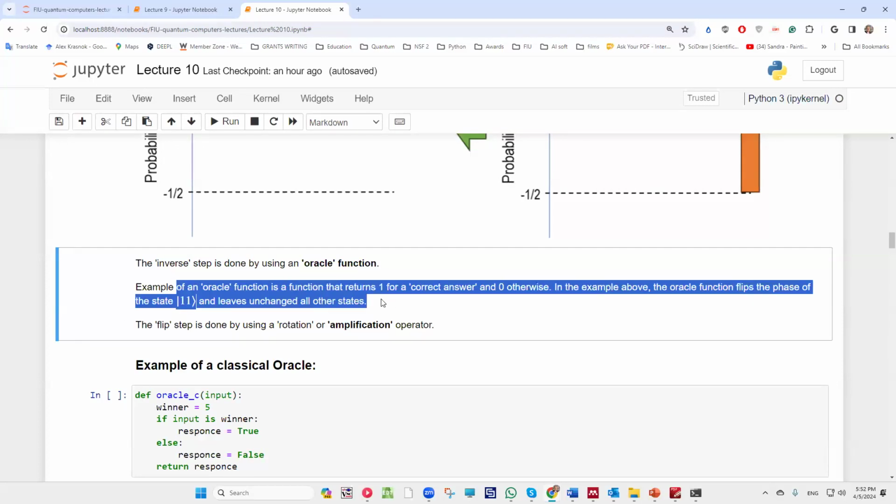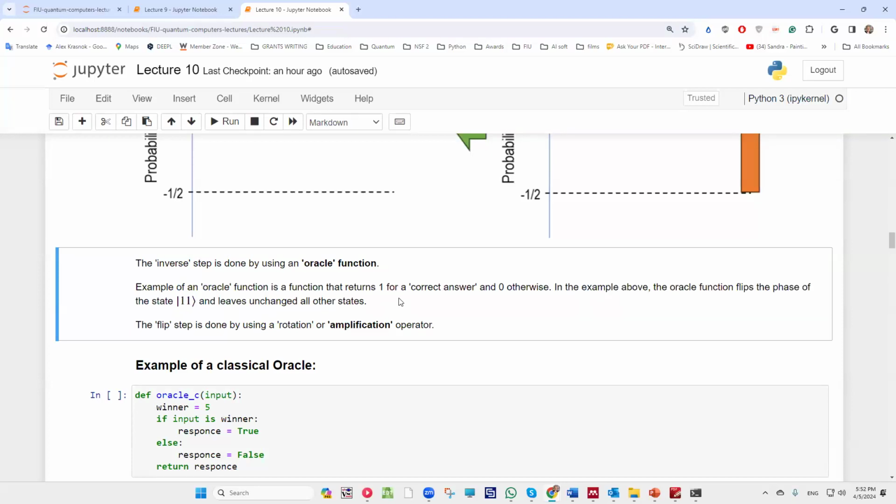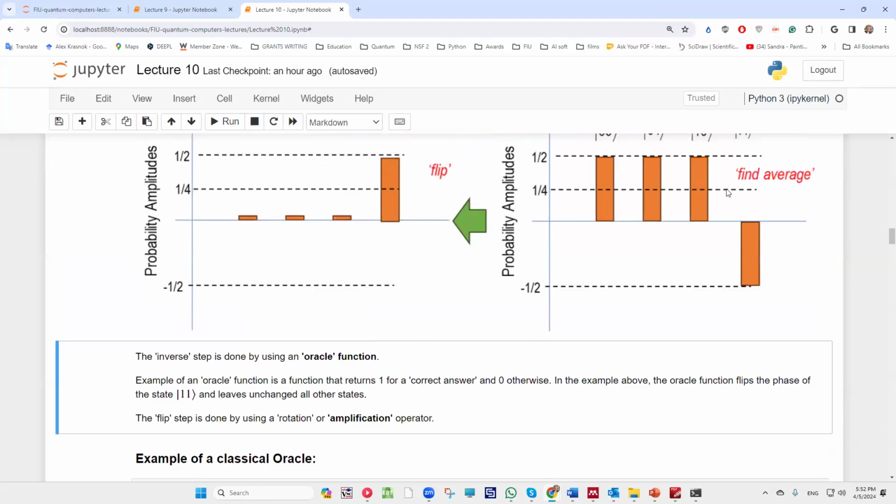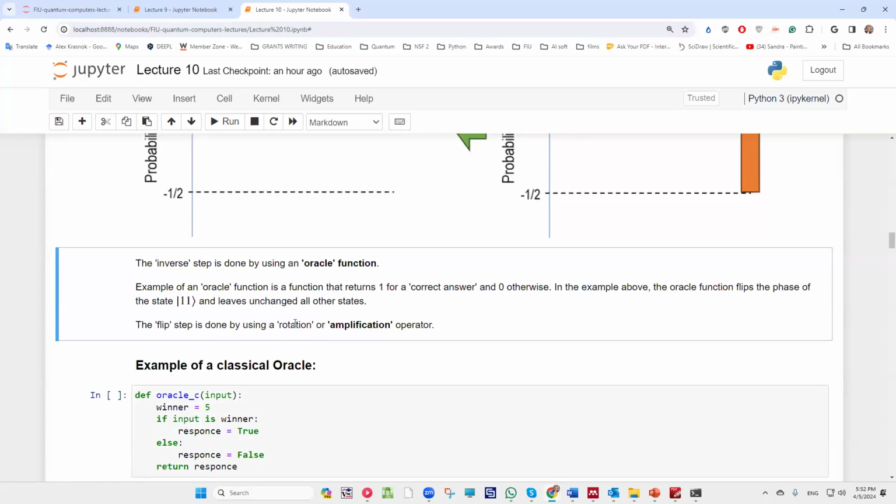Typically, an oracle function is a binary function that gets some zeros and ones in the input and returns 0 or 1, or true or false, in the output. So this is a binary logic function. Another function that performs this flip of the states is called the rotation function or rotation operator, or alternatively the amplification operator or amplification function.